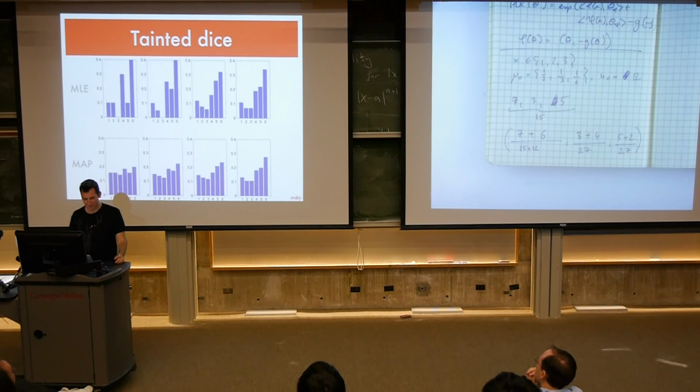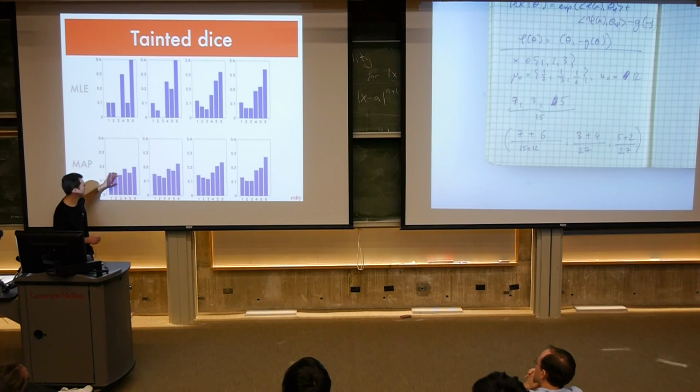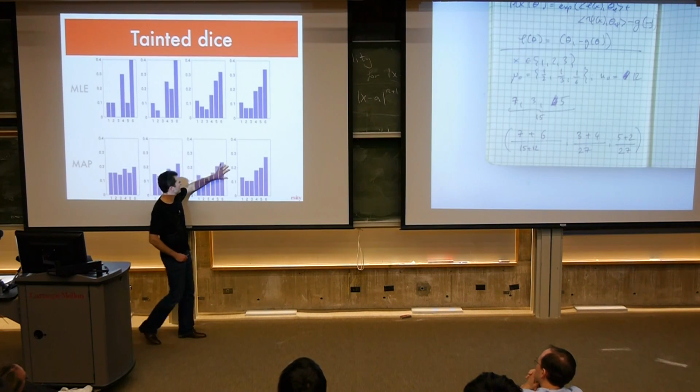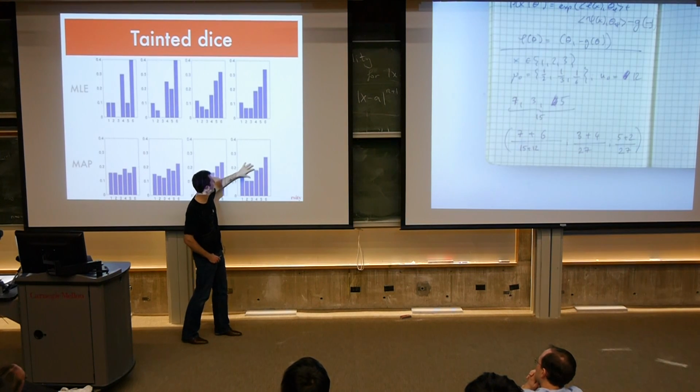On the other hand, if I have a tainted dice, where you can clearly see that not all the probabilities are equal, the MAP estimate initially doesn't really detect anything at all. It starts picking up things here. I think this was 12, 24, 60, 120 observations.